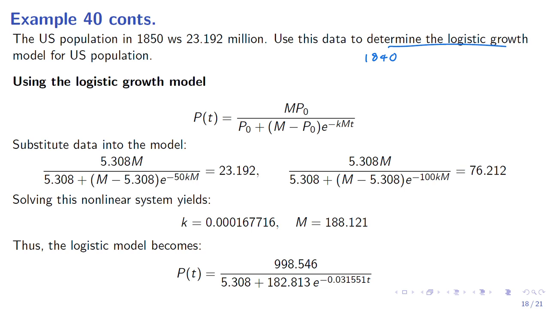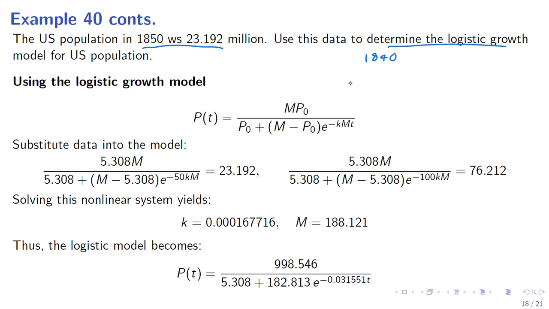In the logistic growth model, we have three unknowns: P naught, M, and k. To identify them, we need three data points. Initially, we had two data points, and suppose we knew the population in 1850 as 23.192 million.